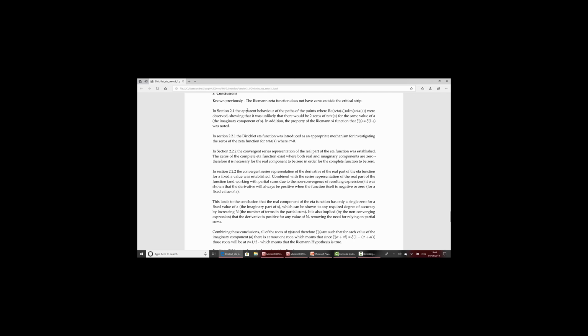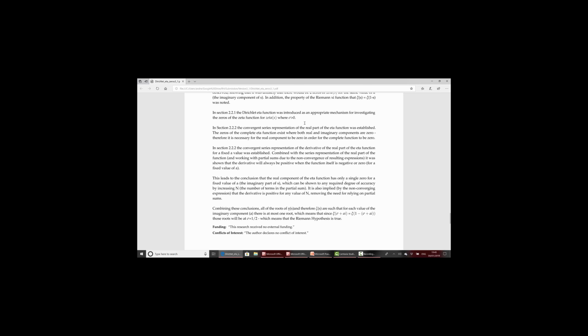If you remember, in section 2.1 we looked at the paths of the points where the real part of zeta equals the imaginary part of zeta, and we saw that it was unlikely that you'd have two zeros of zeta s for the same value of the imaginary part of s. Section 2.2, we introduced the Dirichlet function, mentioning that it has the same zeros as the zeta function.